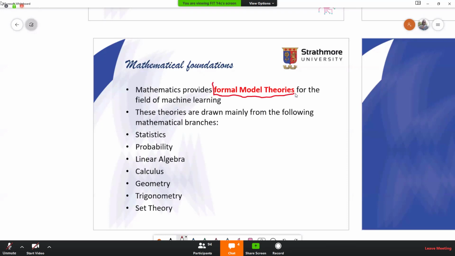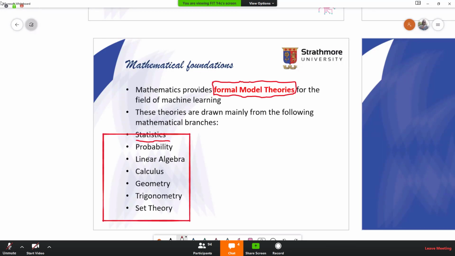So we are going to look at formal models and theories, normally called model theories of AI. If you get any machine learning book, it starts with pure math, and then it goes to the main things, because we can't do modern day machine learning without all this. So we need knowledge from all this.